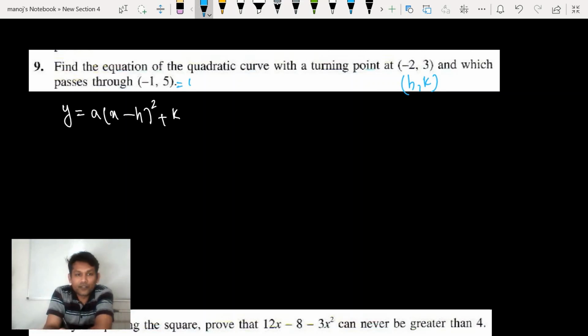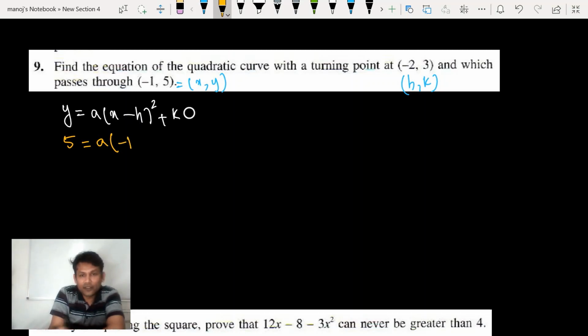We can substitute. y is 5, a is unknown, x is minus 1, h is minus 2, and this will become plus 2 whole square, because the value of h is minus 2, and the minus is already in the formula, and k is 3. By using this, I can find the value of a.